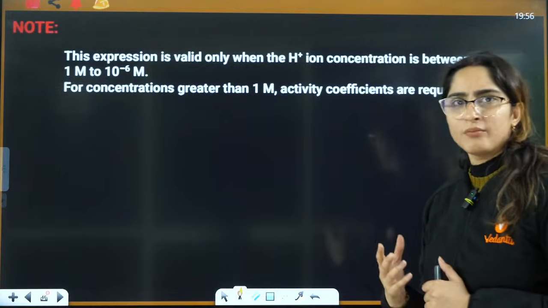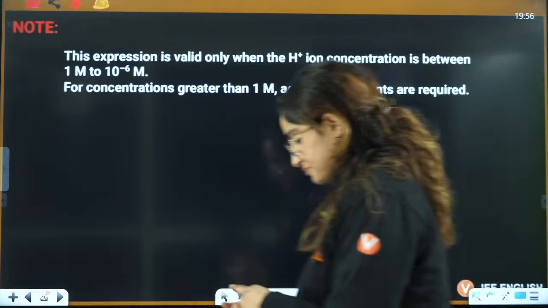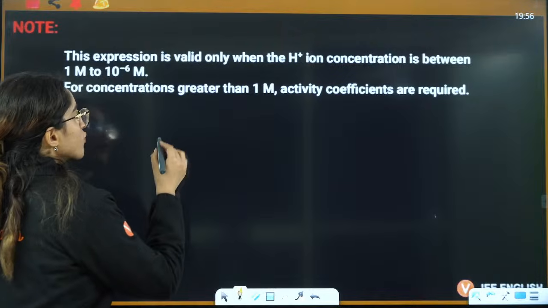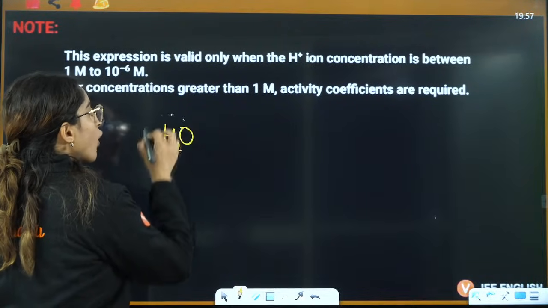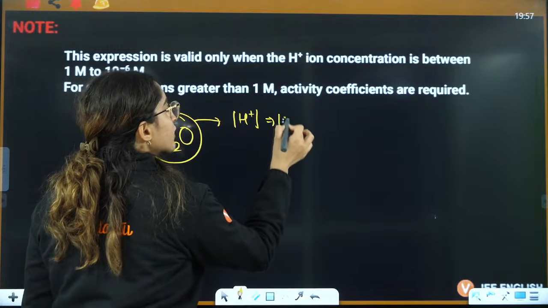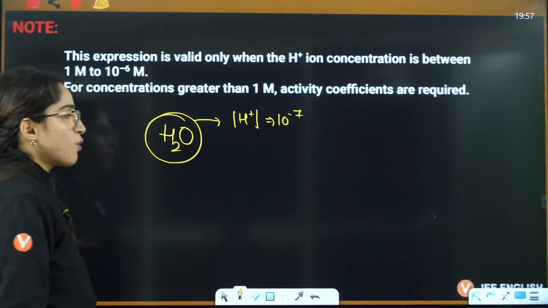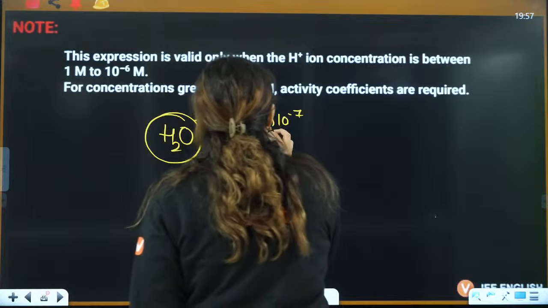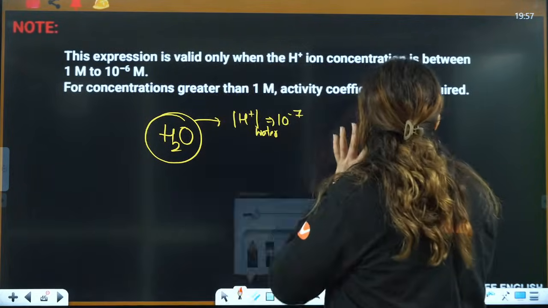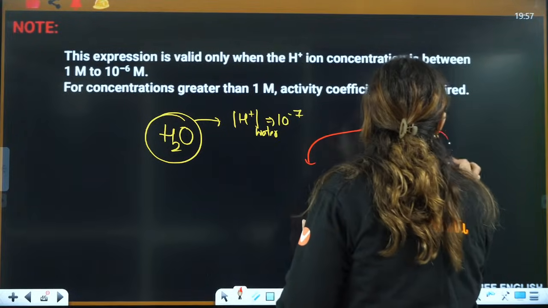So what do you mean by that? Let's understand. If I say you have a concentration of water, now pure water will always give you how much H positive? It will always give you 10 raised to power minus 7 H positive. This is from water. So there are two cases of acids that are possible.